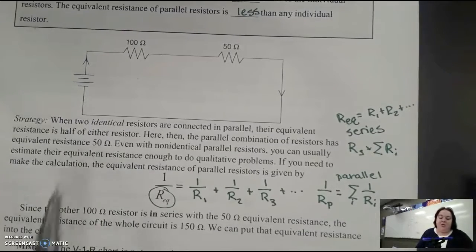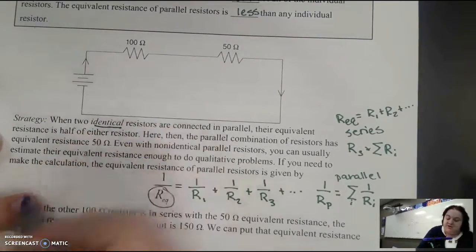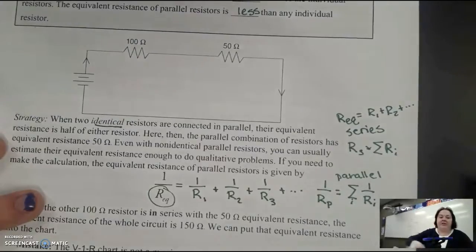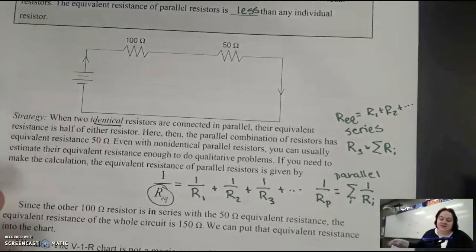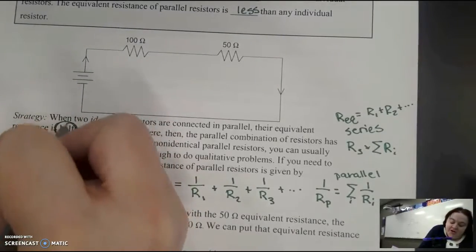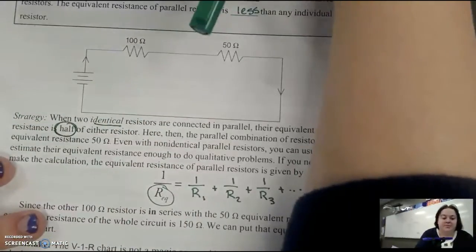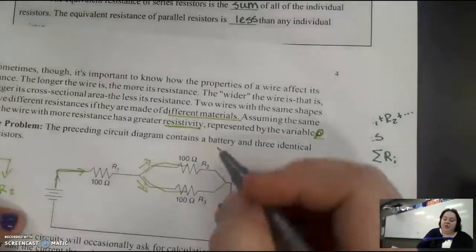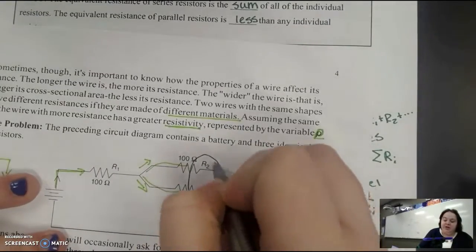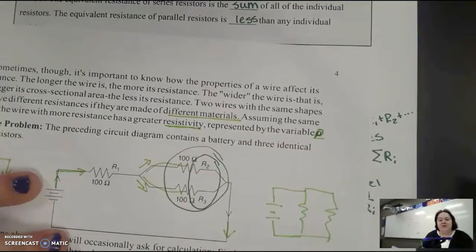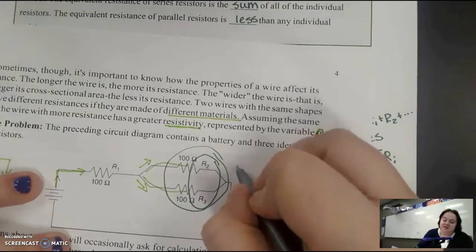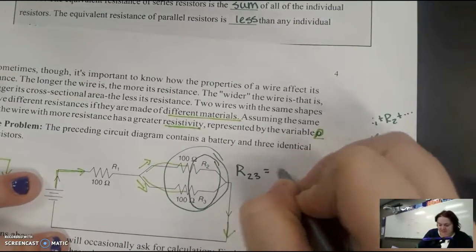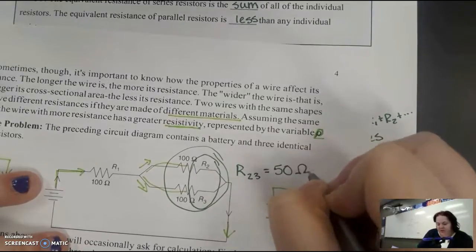However, when two identical resistors are connected in parallel, which is what we have here, we have 100 plus 100, the equivalent resistance is going to be half of either resistor. So here, the equivalent resistance of R2 and 3, and feel free to do the math to check that this works out, I promise that it does, is just 50 ohms.